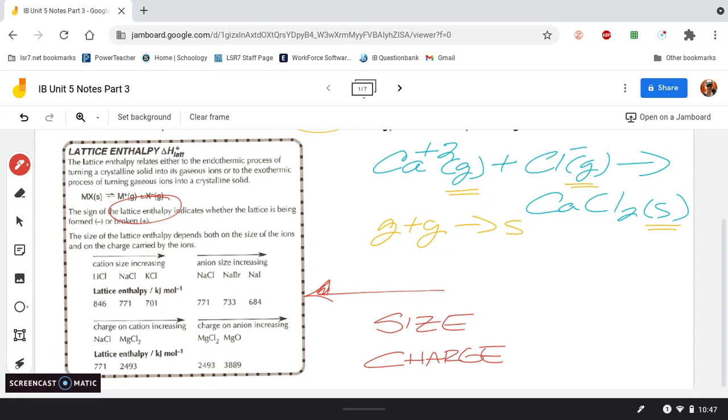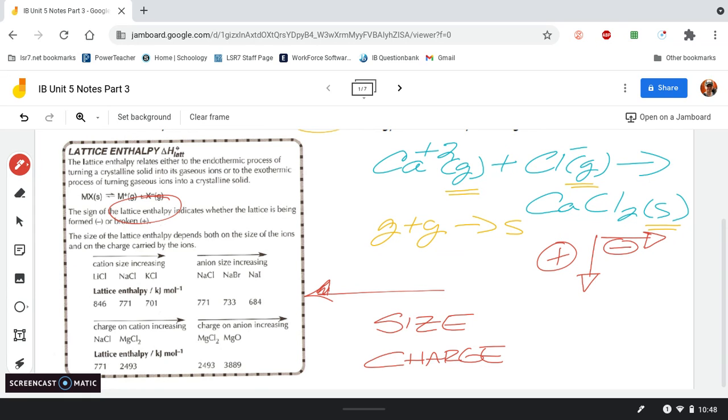So size. We have to remember a little bit about how the periodic table works in terms of size. In terms of size of atoms and size of ions, the way size works is that as you go down the periodic table, things get bigger. And as you go across the periodic table, things get smaller.